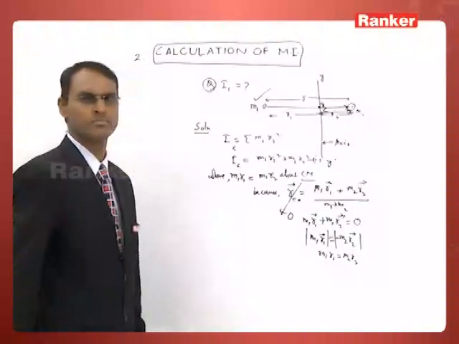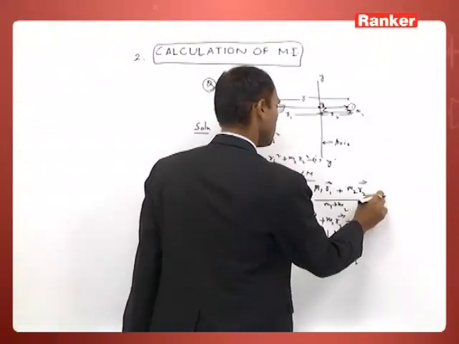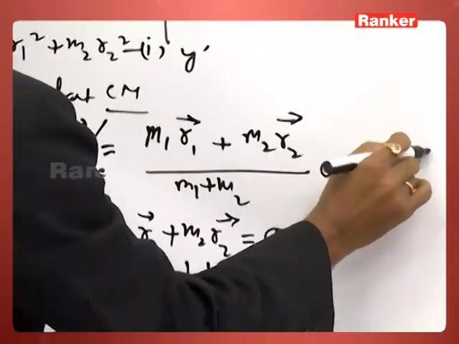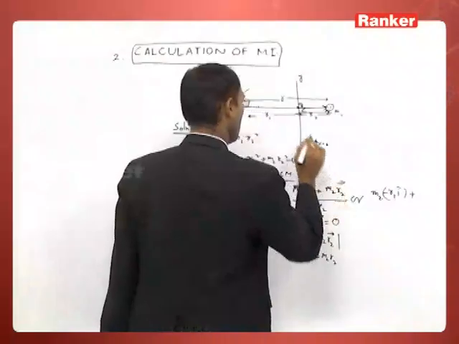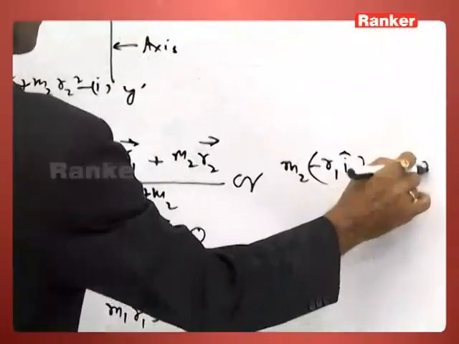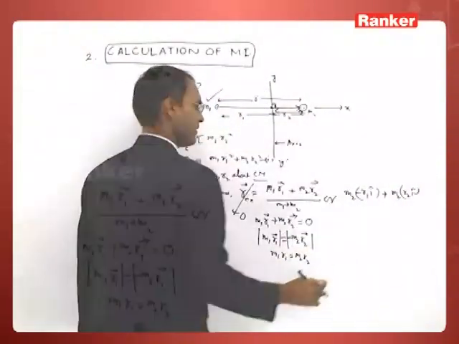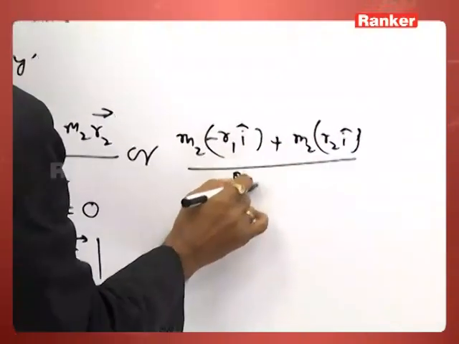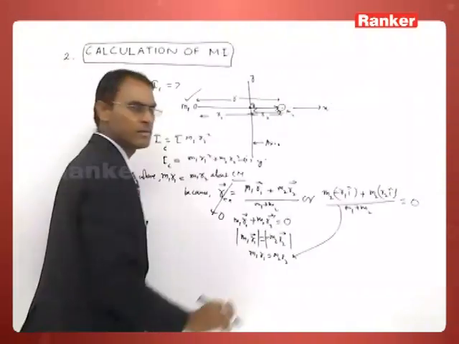For R1 you can just write minus R1 i cap, and for R2 you can write plus R2 i cap, if this is the x direction, divided by M1 plus M2 equal to 0, to get the same answer.